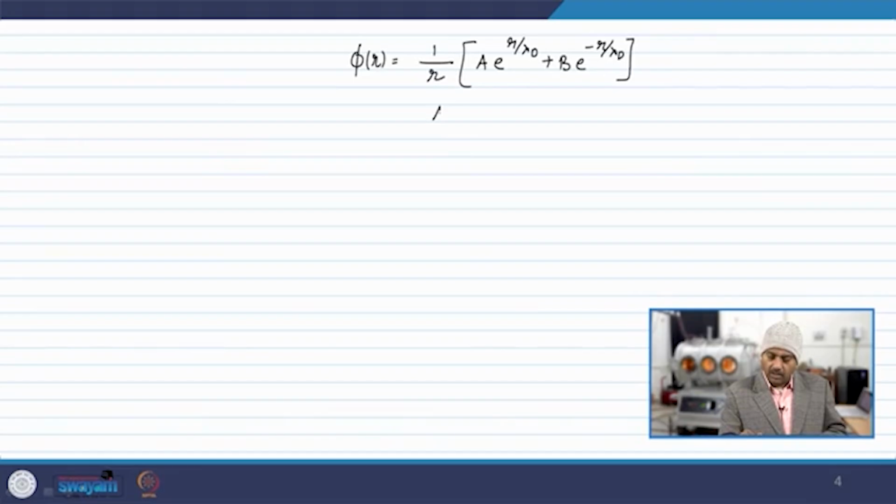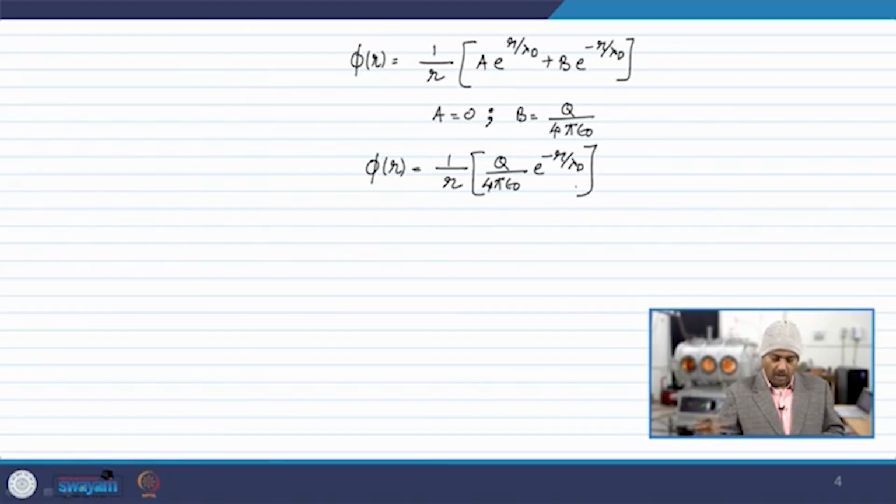Using the fact that a is 0 and b is q by 4 pi epsilon naught, phi of r can be written as 1 by r times q by 4 pi epsilon e to the power of minus r by lambda d. So what are the parameters that we have here?